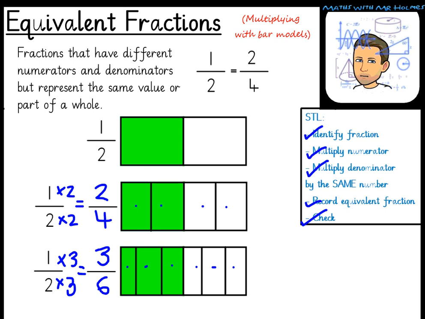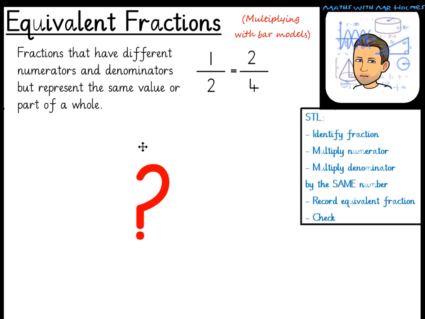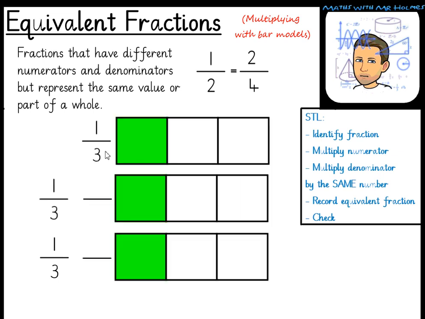Let's have a look with another fraction. I wonder what it's going to be. 1/3. 1 out of 3 equal pieces. That's our first step. Next, we're going to multiply the numerator. So let's multiply by 2. 1 times 2 is 2.